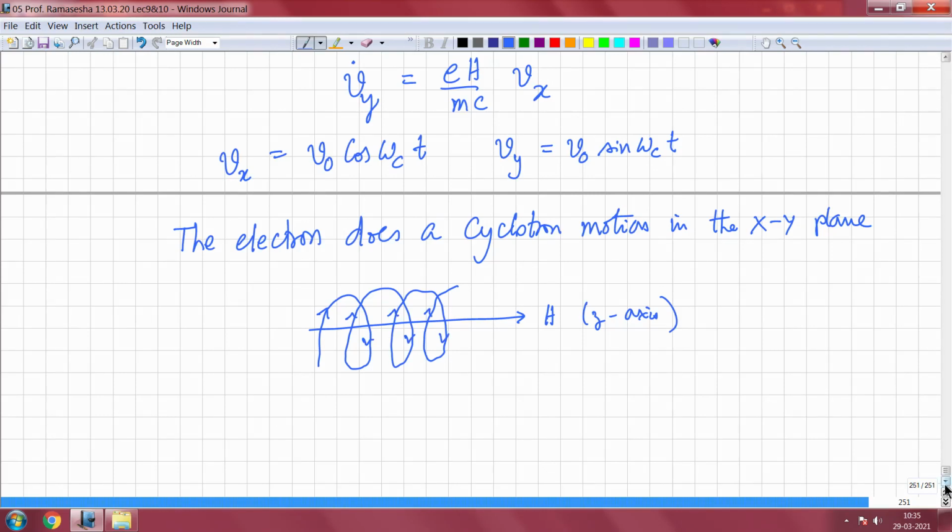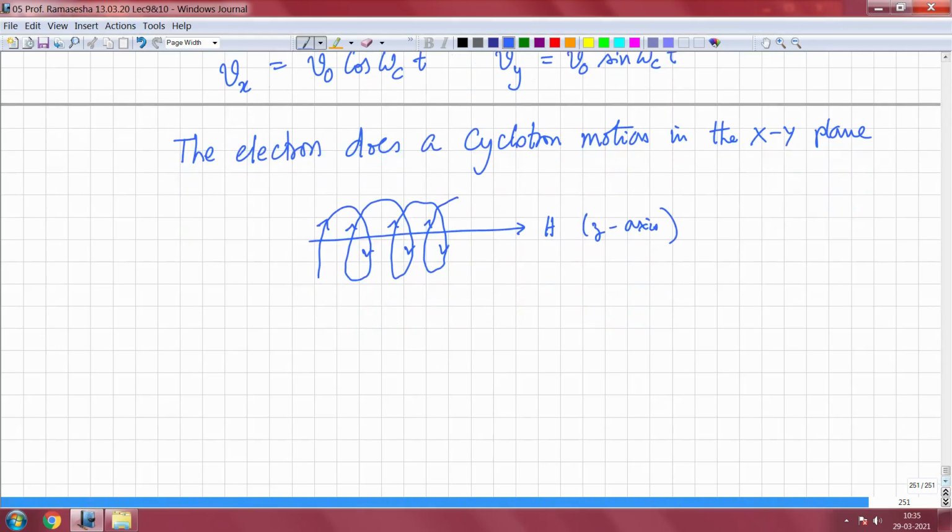There is a very famous and rather simple theorem called the Bohr-van Leeuwen theorem.